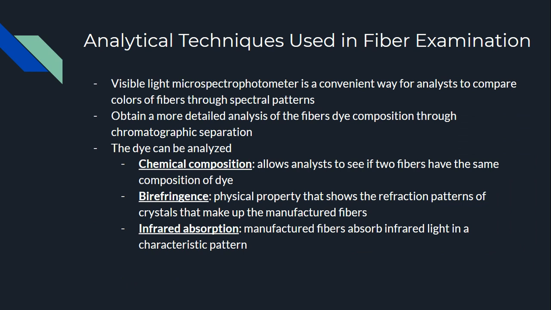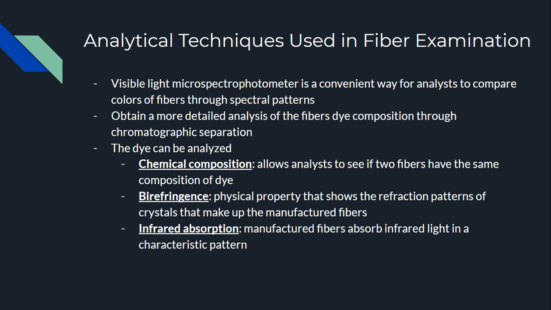The techniques used in fiber examination. There are a bunch of different things that we do to fibers other than microscopic examination, and one that we do is the visible light microspectrophotometer. Basically it uses visible light to break apart the different components of the fiber to determine what the dye composition may be.